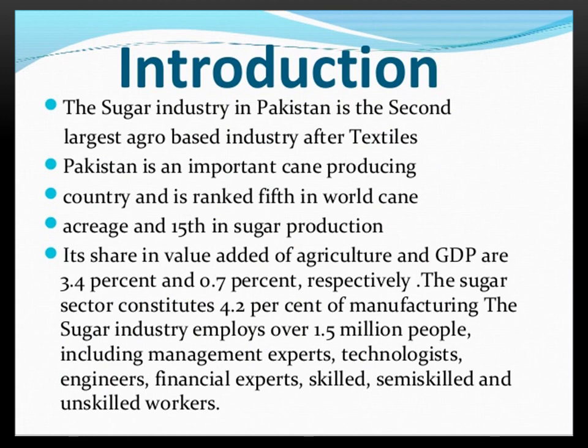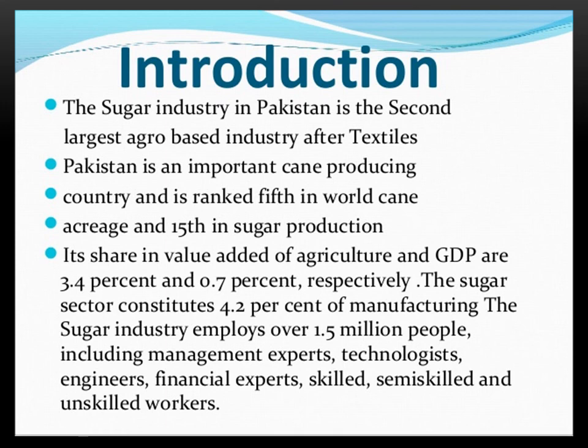The sugar industry in Pakistan is the second largest agro-based industry after textiles. Pakistan is an important cane producing country and is ranked 5th in world cane acreage, and 15th in sugar production.